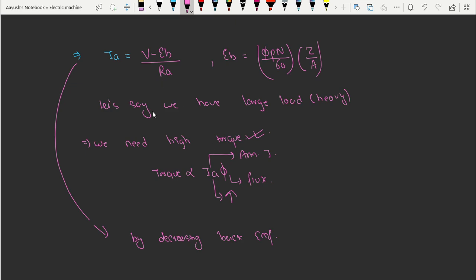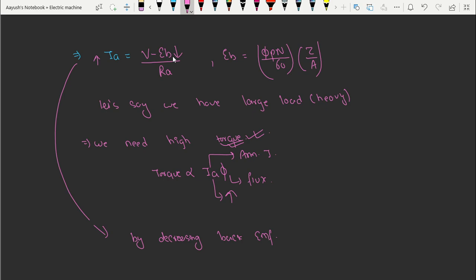So now let me summarize the things I have said. First, we have high load. For high load to rotate we need high torque. For high torque to happen we need a high amount of current. For a high amount of current we need a lesser amount of back EMF, and a lesser amount of back EMF would decrease its speed.